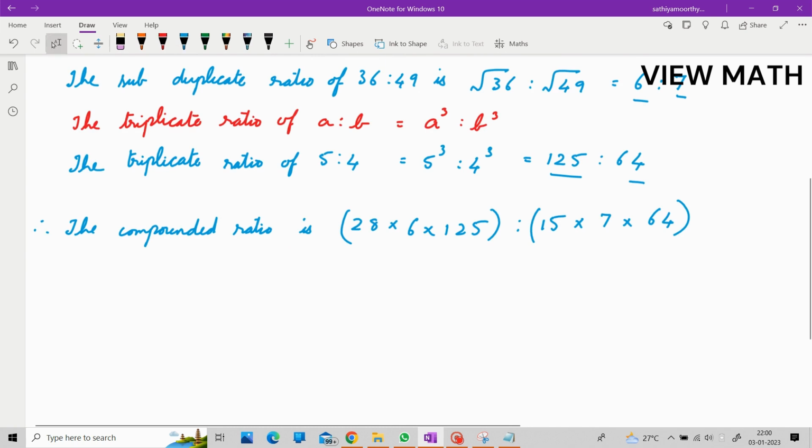So let me simplify. 7 1 times, 7 4 times. Now 4 1 times, 4 16 times.